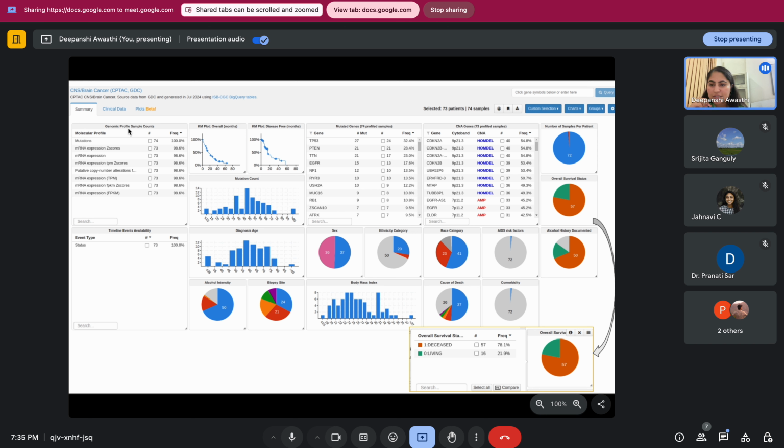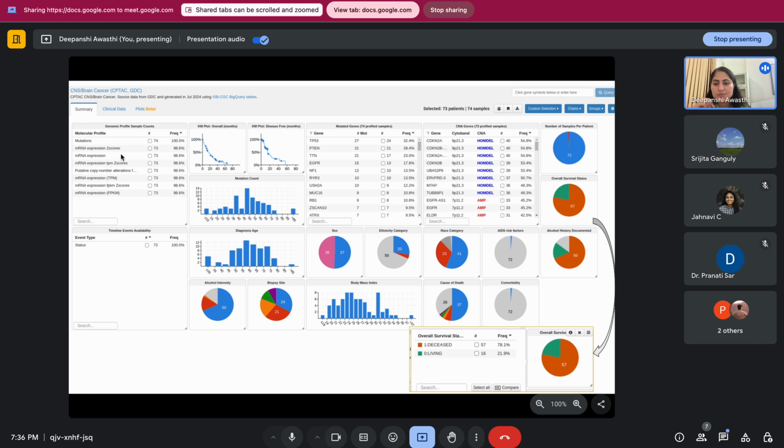In summary, firstly they will give you the genomic profile sample counts. It tells you what the molecular profile is. Firstly, mutations: how many mutations are observed. There are 74 samples, and in all 74 they looked into mutations, and the frequency is 100%, which means mutation is observed in all the samples.